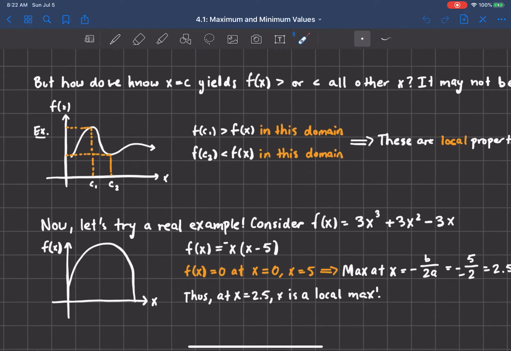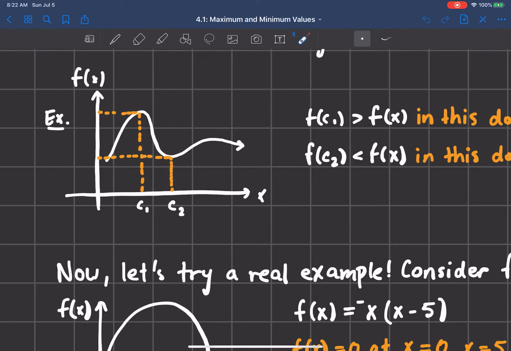On the other hand, you can take a little weirder function like this one. We don't need to define the function, but we can just show it on a graph. Here, we find that at this point, c1, we have some sort of maxima, right? On the other hand, right here we find that c2 is sort of a minima. It's the least value we can get within this range.